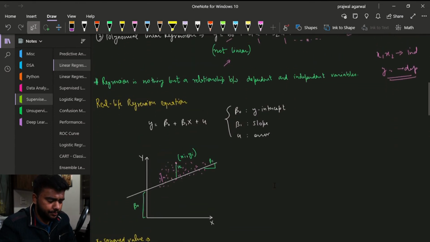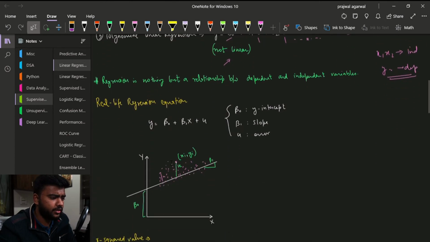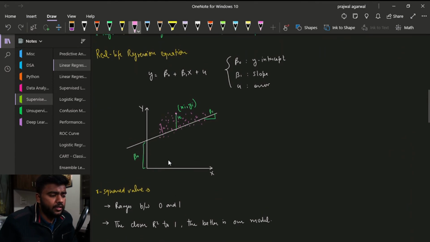For example, if we consider this particular graph, the linear regression equation is going to give you this yellow line. But the points are far away from the line, and this distance is what we call error. So in the real-life linear regression equation, we also have to add a variable which represents the error of a particular model.